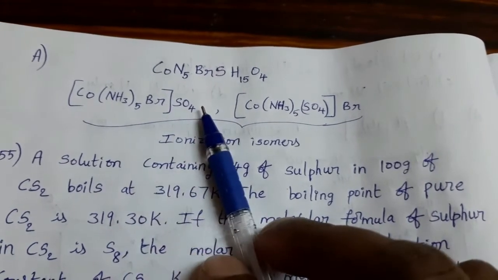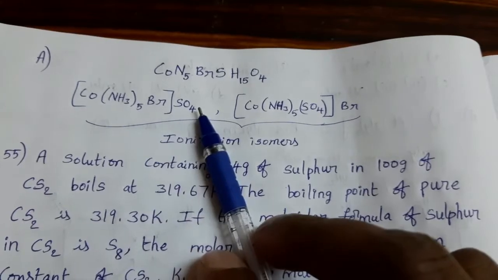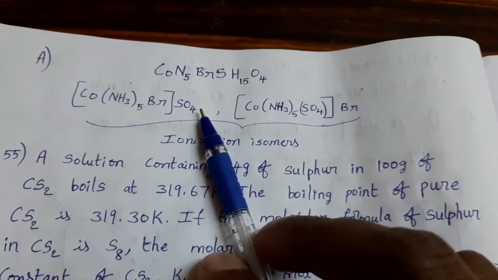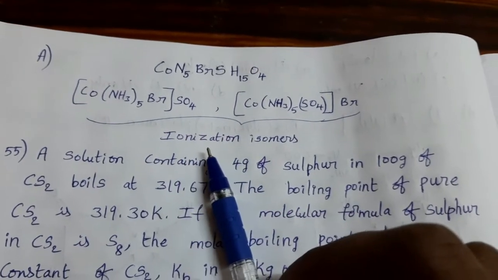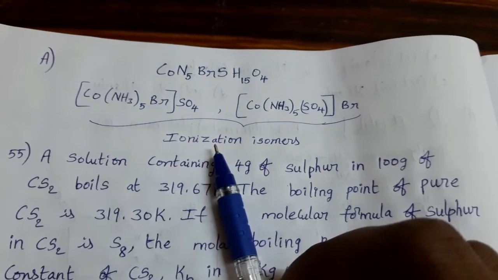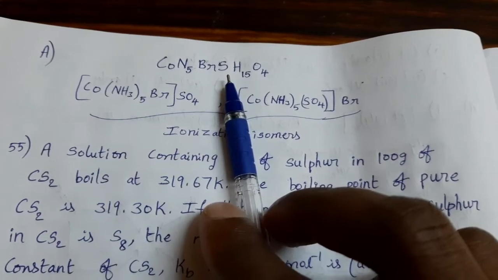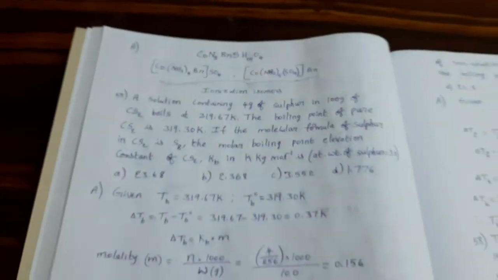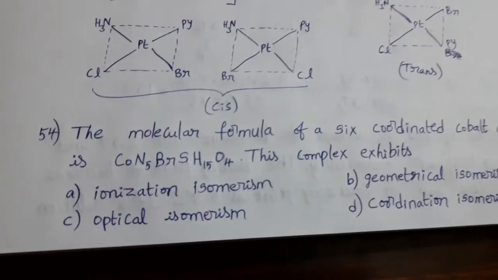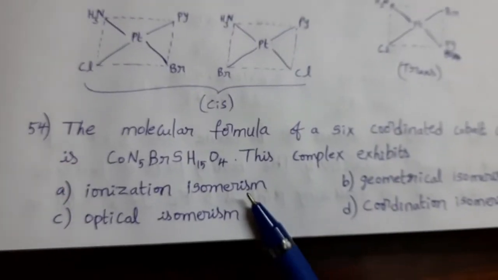Coordination sphere and counter ions, bromide and sulfate ions, exchange their positions. So this type of isomerism is called ionization isomerism. So this compound exhibits ionization isomerism. Then what is the option? Option A is the answer for this question.